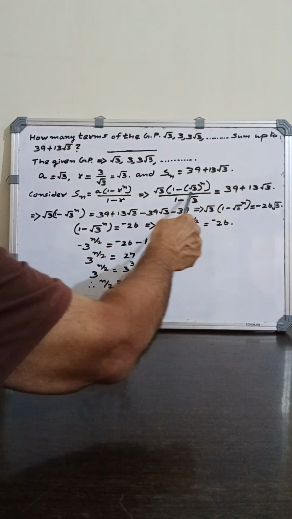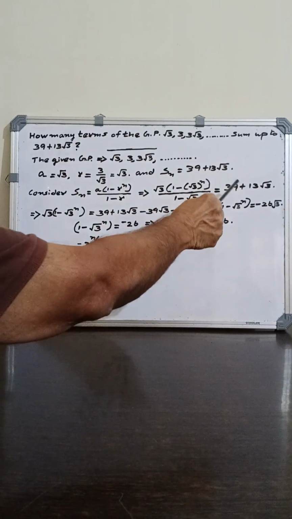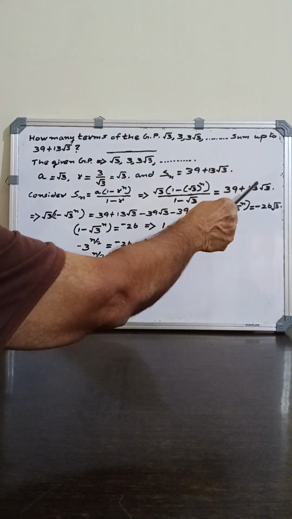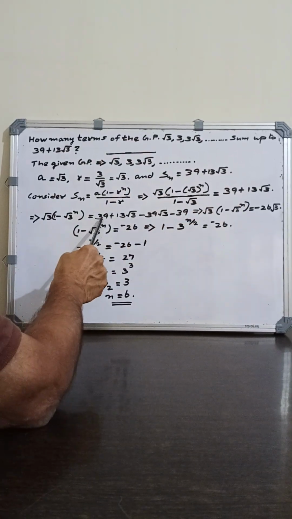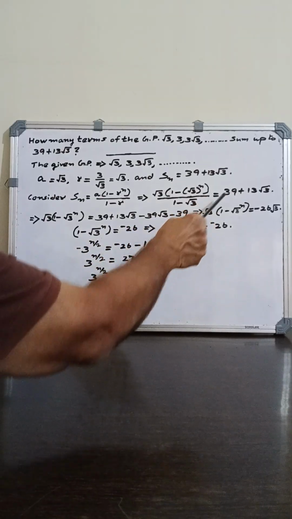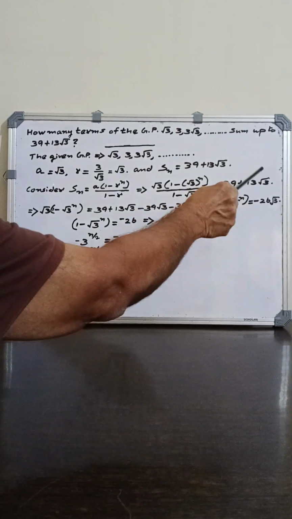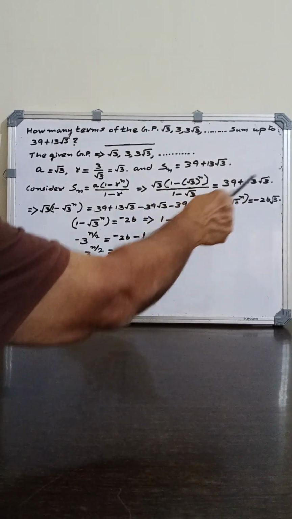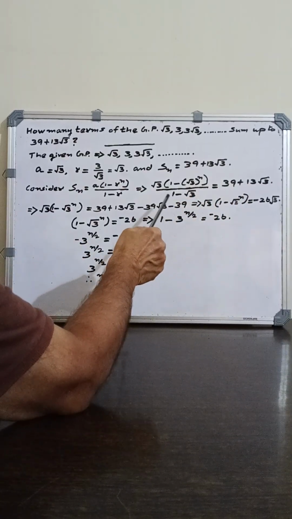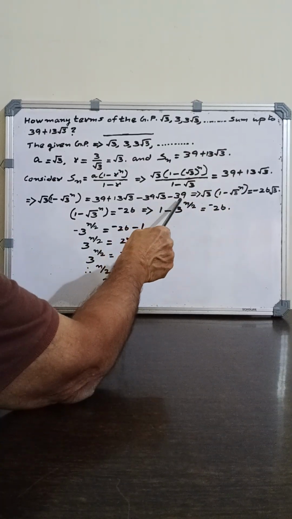This is a binomial and this is a binomial. Therefore, 39 plus 13 root 3 into 1 minus root 3. 39 plus 13 root 3 into 1 is 39 plus 13 root 3. Then minus root 3 into 39 is minus 39 root 3, and minus root 3 into plus 13 root 3 is root 3 into root 3, 3, 3 into 13, 39, that is minus 39.